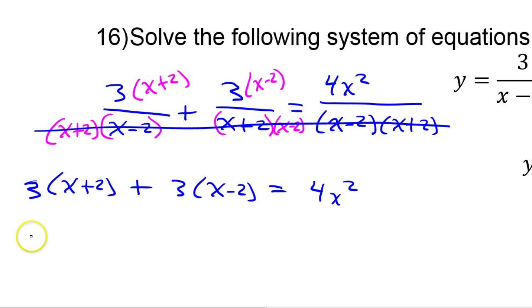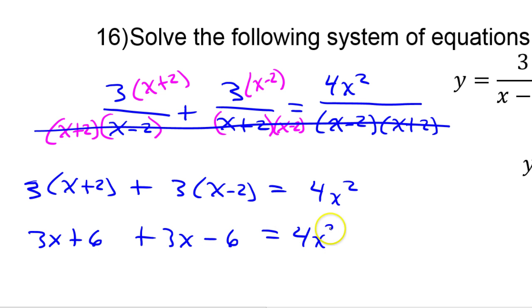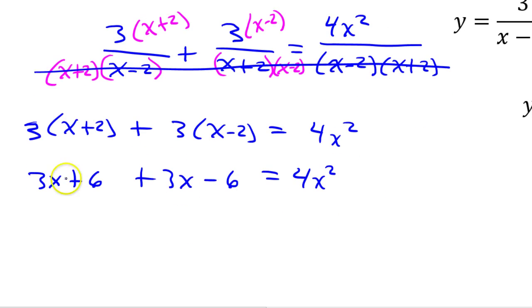Little distributive property gives me 3x plus 6, 3x minus 6 equals 4x squared. Combining like terms, 3x plus 3x is 6x. Positive 6 and negative 6, they cancel each other out. So I will just have 6x equals 4x squared.